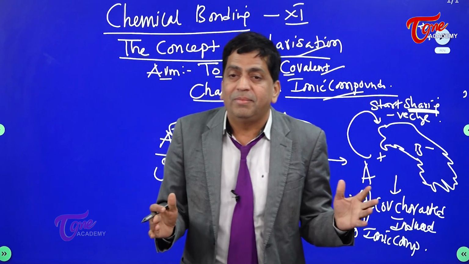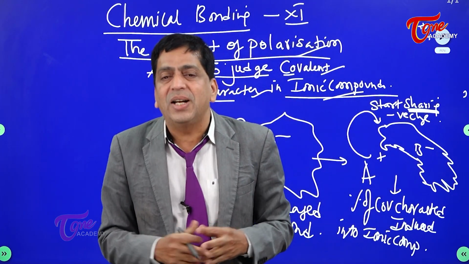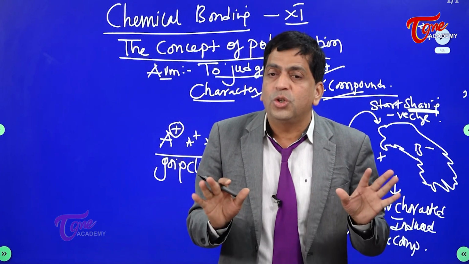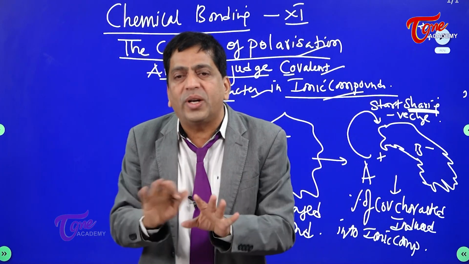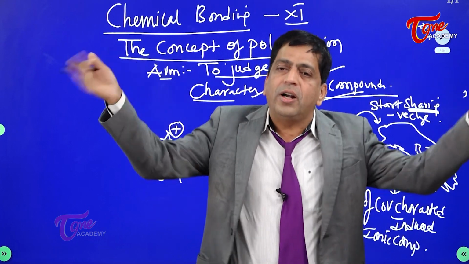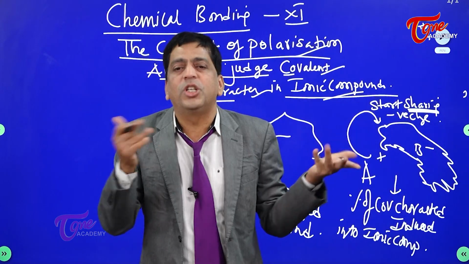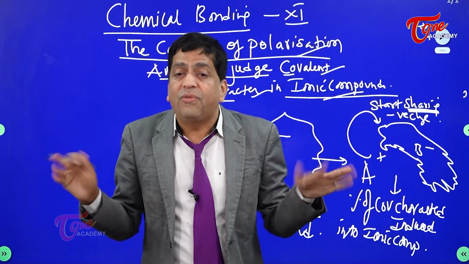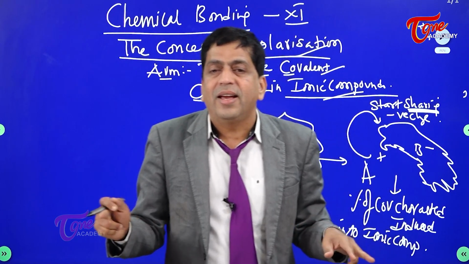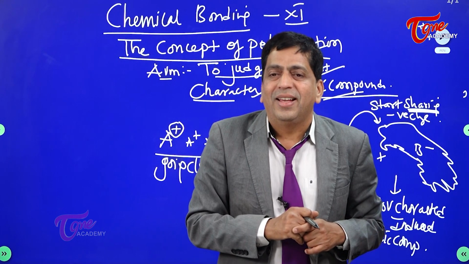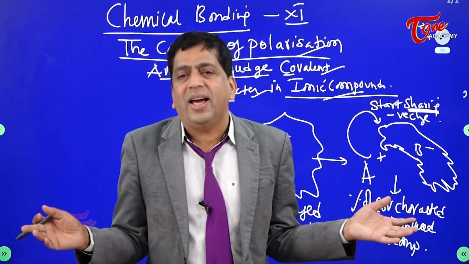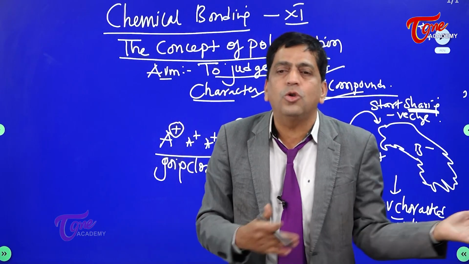So now, two things I'm putting. If the cation is far away and you don't experience any distortion, you're 100% ionic, you're soluble in water. No dispute in it. But if you have started sharing, coming close to the anion, that means some percentage of covalent character has been induced into ionic compounds. Hence you are insoluble in water.